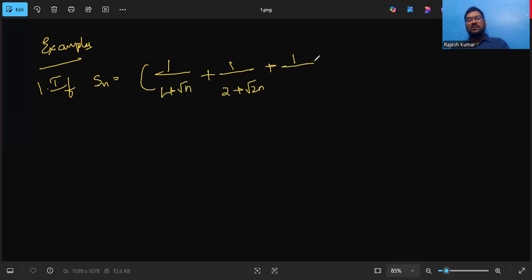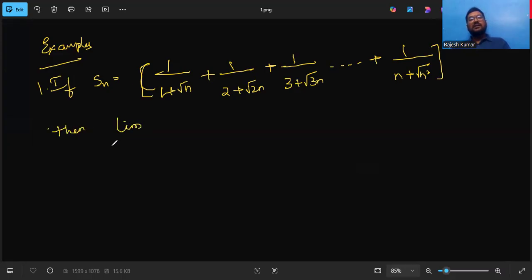Example number one: if Sn is equal to 1 by 1 plus root n, plus 1 by 2 plus root 2n, plus 1 by 3 plus root 3n, and so on, plus 1 by n plus root n square, then they are asking for the limit as n tends to infinity of Sn.